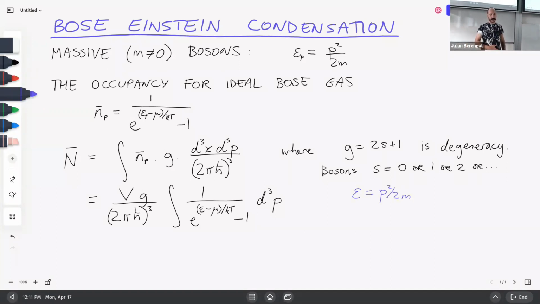That means I need to convert my dp into d epsilon. So d epsilon equals p dp over m.